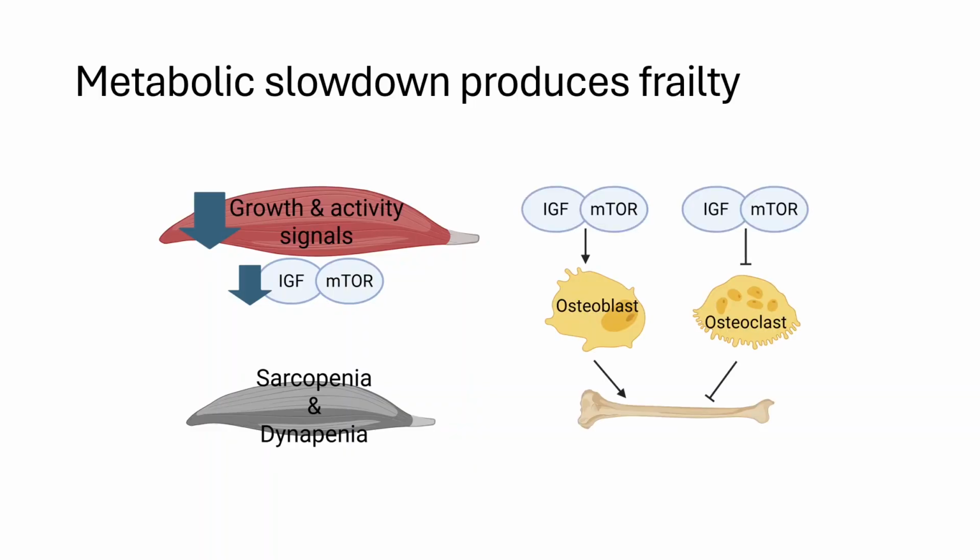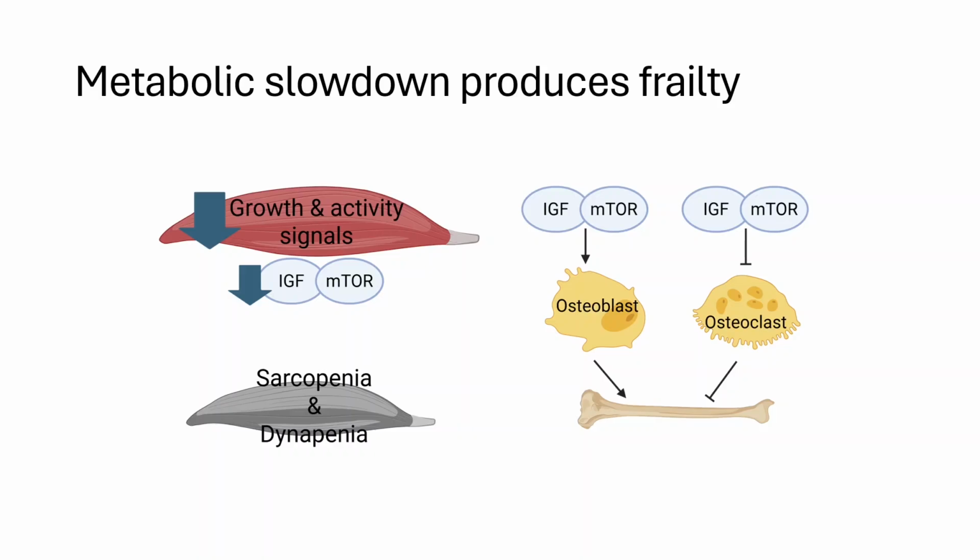And in bone, we have a very similar thing happening. So bone is regulated by two main cell types, osteoblasts, which produce bone, and osteoclasts, which degrade bone. Now, evolution has produced a very clever system here, because our osteoblasts respond to IGF-mTOR growth signaling, and that causes them to produce more bone, whereas osteoclasts are inhibited by these same signals.